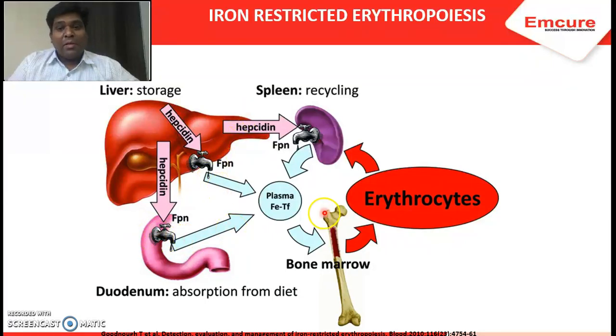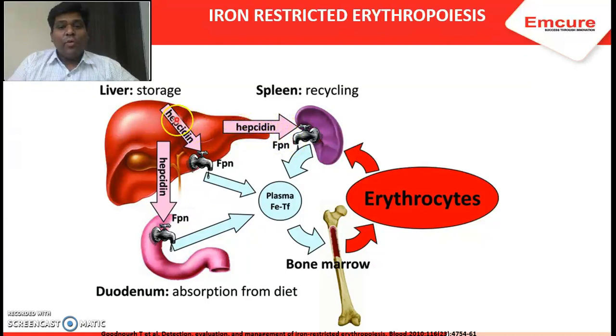And similarly, the iron from the old RBCs, when they get destroyed inside the spleen, we call the spleen a graveyard, right? So the iron from the old dead RBCs has to be reutilized. This is called the recycling of the iron. Even that is blocked because of hepcidin.